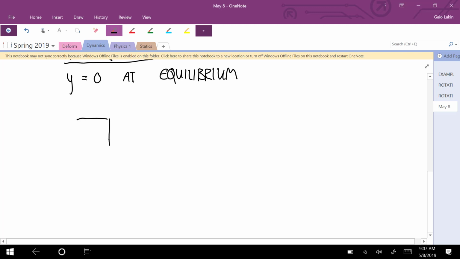And so the free body diagram looks like this. We have a force pulling this way of the spring constant times how much this is deviating from the resting length of the spring.